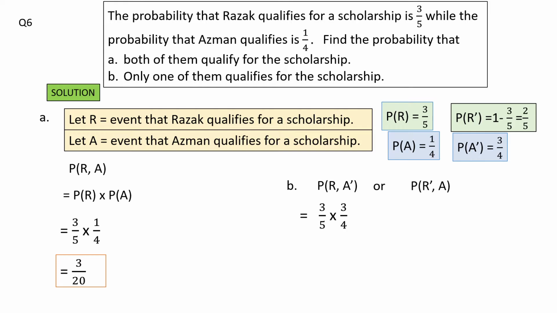Probability R and A prime will be probability R, that is 3/5, times probability A prime, 3/4. Continue with, or change it as plus, the second possible outcome, probability of R prime and A. So probability R prime, we have 2/5 times probability A, 1/4. With that you can obtain the answer for the probability that only one of them qualifies for the scholarship.